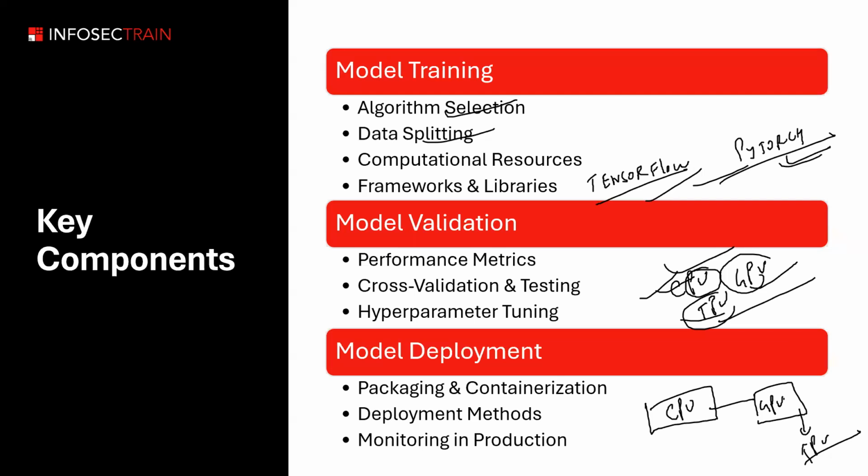A framework is basically a workshop where you build to fine-tune the model and prepare it for deployment. So hardware is your CPU, GPU, TPU, and framework is your TensorFlow and PyTorch we are using for the processing.